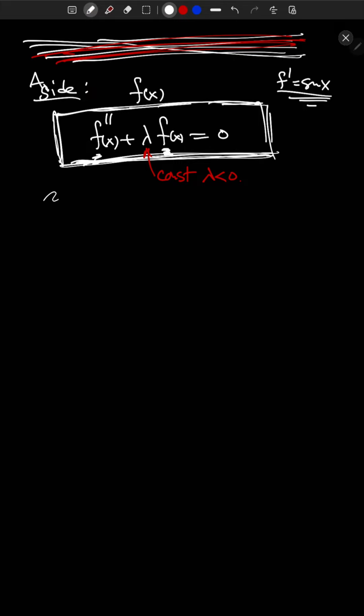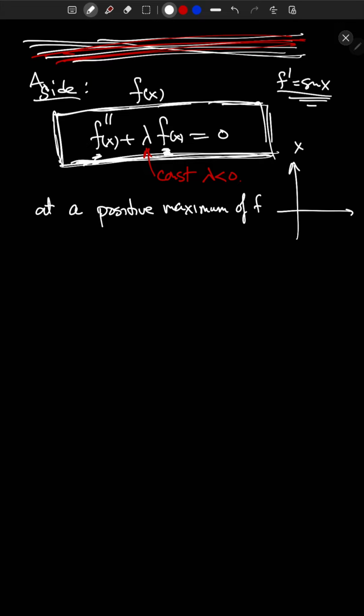I'm going to say, okay, at a positive maximum of f. So in other words, here's the x-axis, here's the y-axis. If my function f, the actual solution to this problem, has a maximum and it happens to be positive, all right, then what are we going to know?